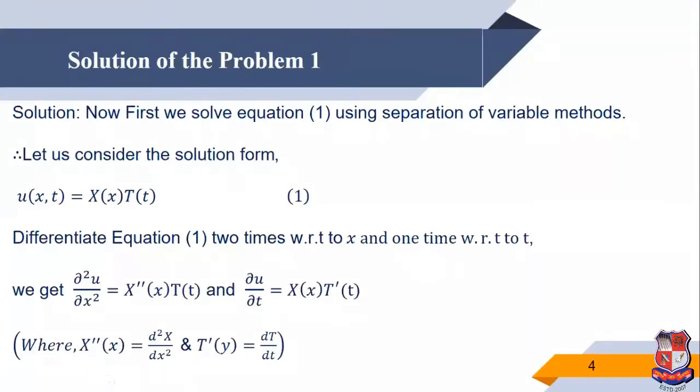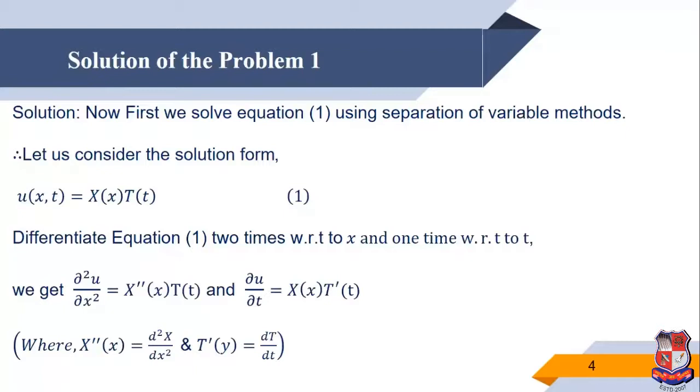Now we solve this problem. First we solve equation 1 using the separation of variable method. In a previous lecture we discussed how to solve any PDE using the separation of variable method.